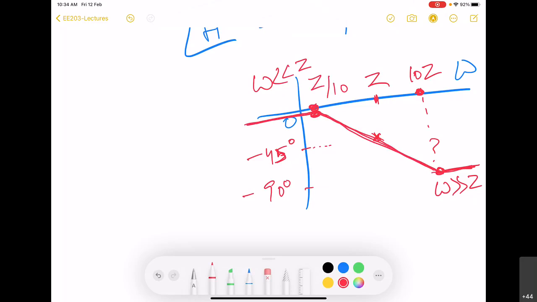And if one tries to see the actual one, the actual one will be something like this.